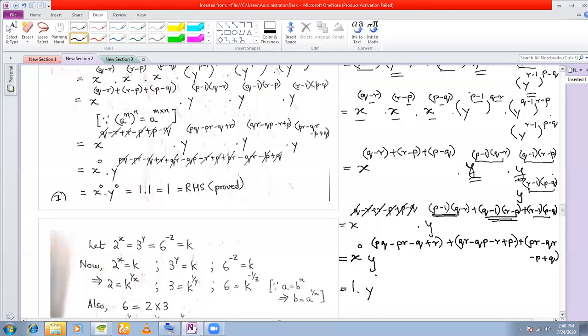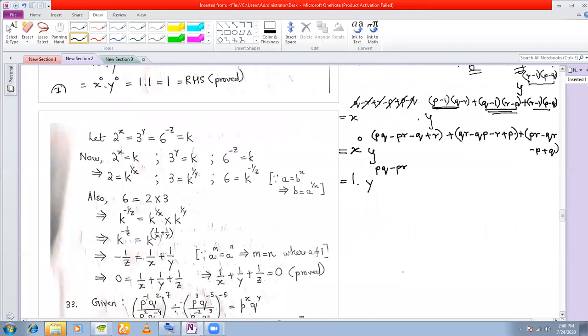And now I open these brackets. pq minus pr minus q plus r plus qr minus qp minus r plus p plus pr minus qr minus p plus q.